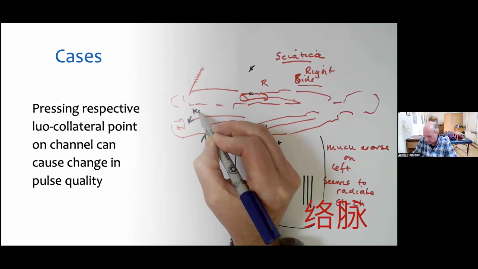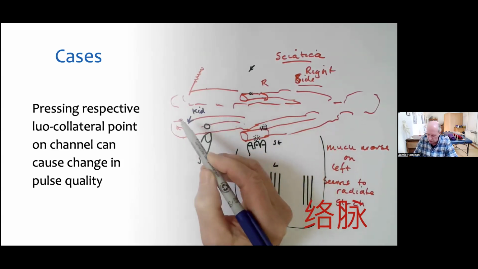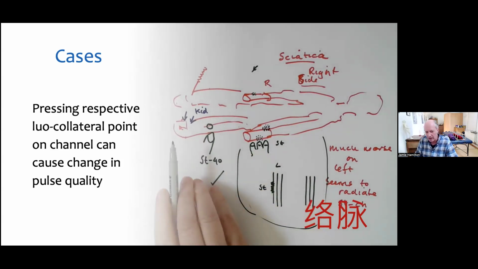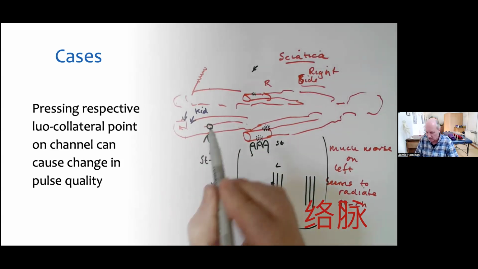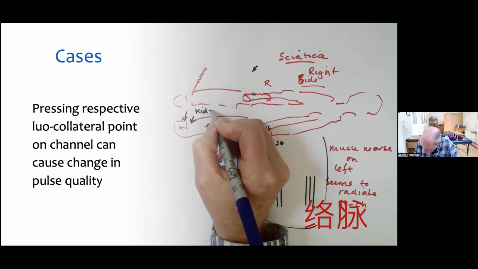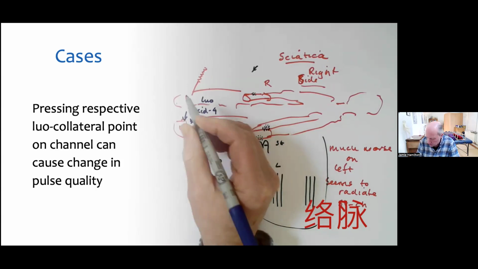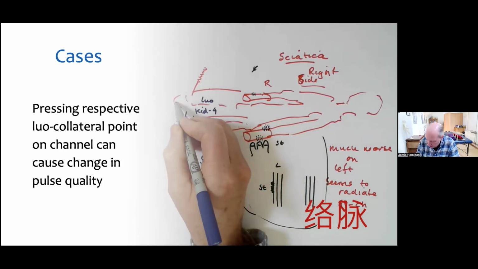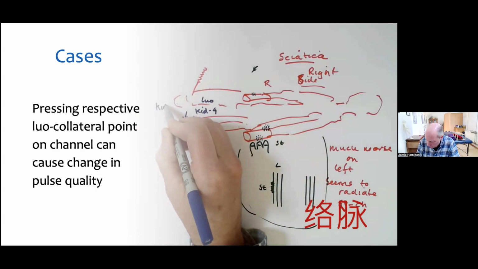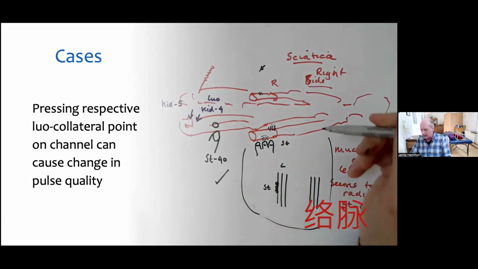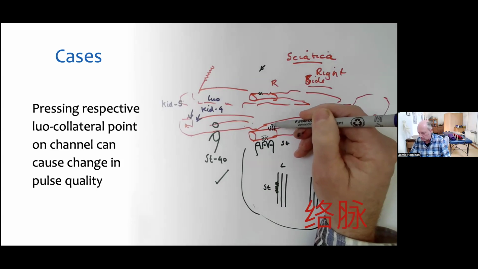kidney points. Okay, and in this case, this is very easy to actually compare the two kidney points, which are kidney 4 is for the lower collaterals, but I do sometimes test kidney 5, which is the xi cleft point, and I see which one of these makes this finding disperse more.